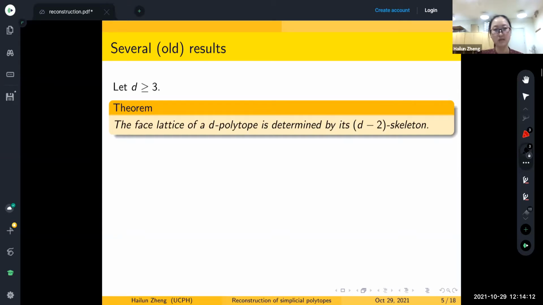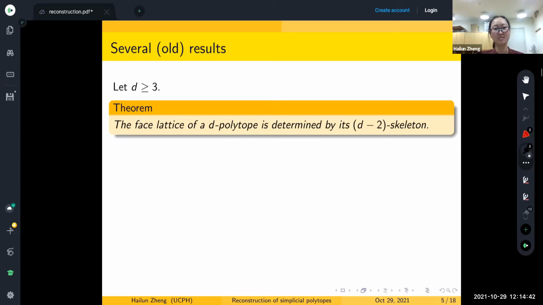In other words, if you know all the faces all the way to codimension 2, it's just that you don't know the facets. And then the information about the facets of the polytope can be recovered from all these lower dimensional faces. Okay, so that's a pretty nice result. It's just that it seems to be rather weak, right? Because you have to know a lot. You have to know a lot from this face lattice of the polytope.